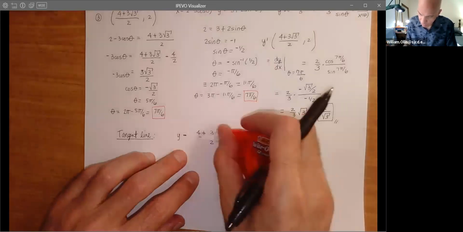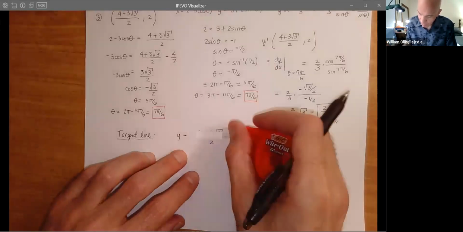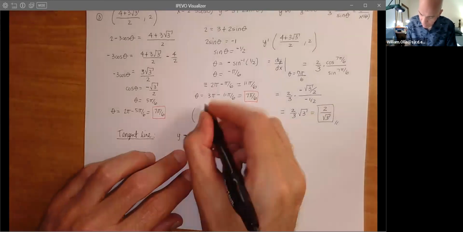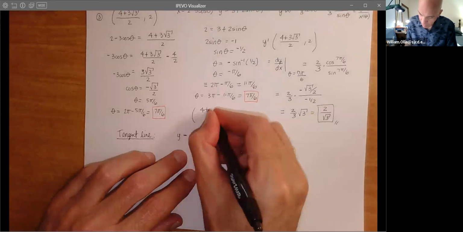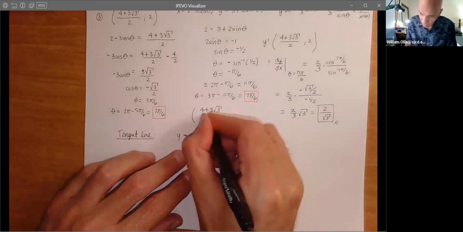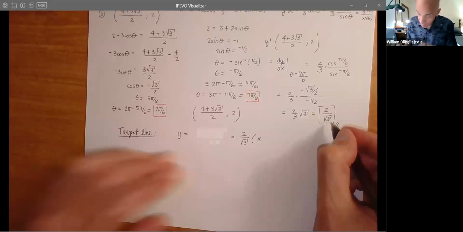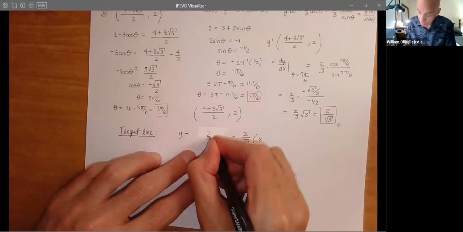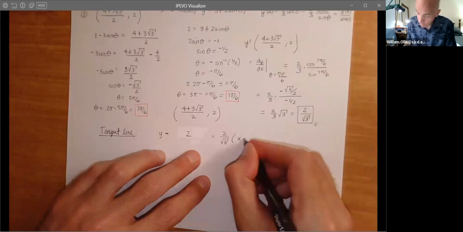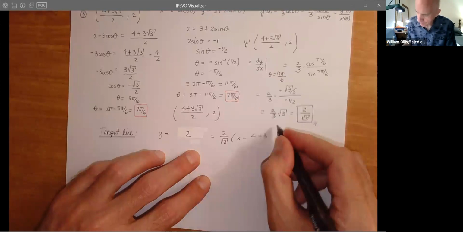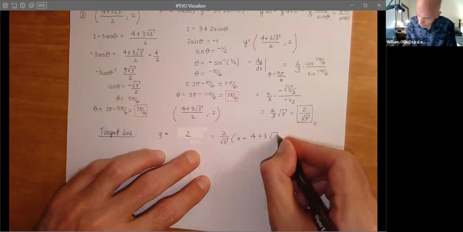I guess it would help to have the right number here. Y minus 2. Let me write down the number instead of trying to look up there and writing it in the wrong order. So there's the point and there's the slope. So we have y minus 2 and we have x minus 4 plus 3 root 3 over 2.